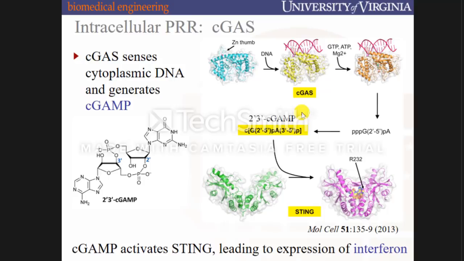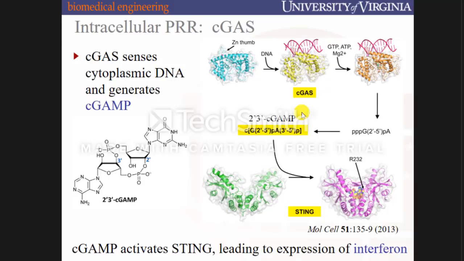As I mentioned earlier, our DNA is restricted to the nucleus. If it's not in the nucleus, that cell is dying. But what cGAS will do is recognize cytoplasmic DNA, and the way this works is when cGAS recognizes DNA, it'll undergo a conformational change, and it'll become a secondary messenger called cGAMP.